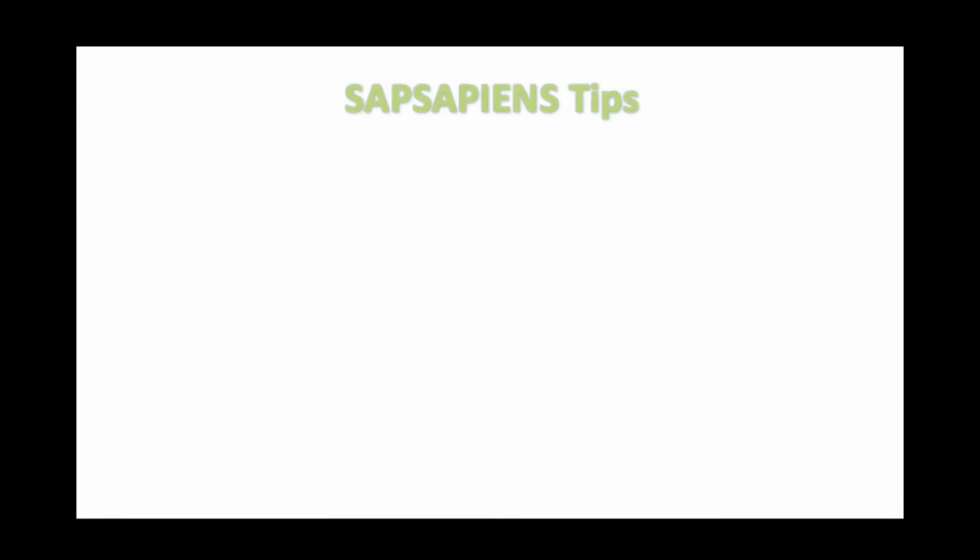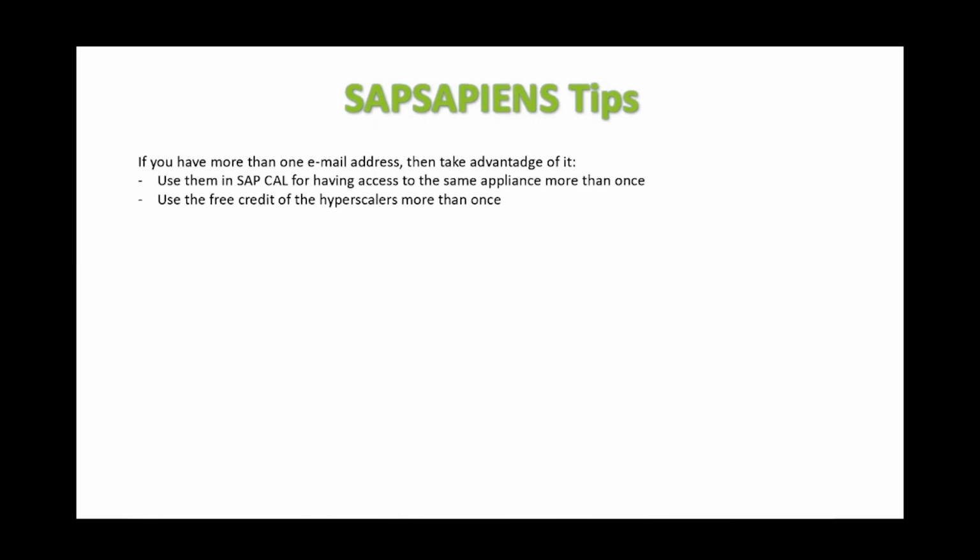And now, let's finish with the Sapsapiens tips. Do you have more than one email address? Then use them in SAP CAL to have access to the same appliance more than once. Use the free credit in the hyperscaler more than once also. Use different versions of the same product in SAP CAL to get extra months to explore the same product.